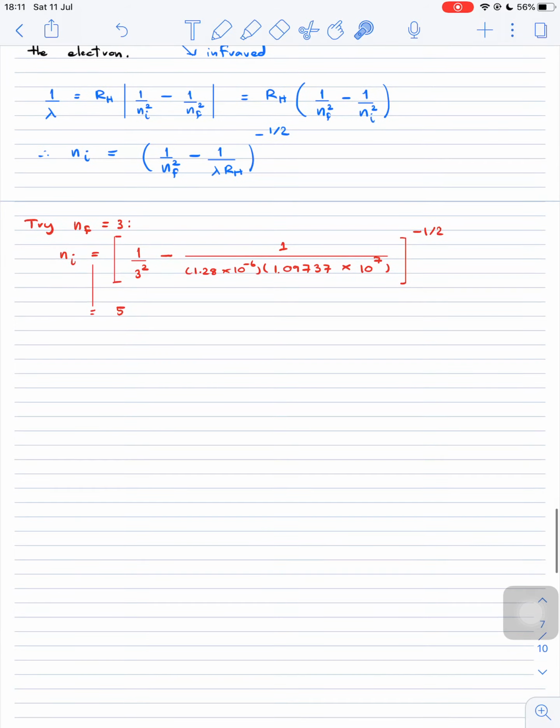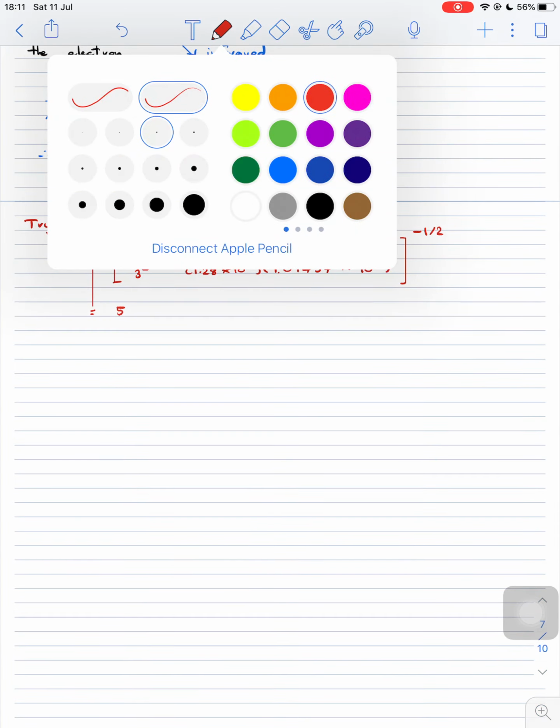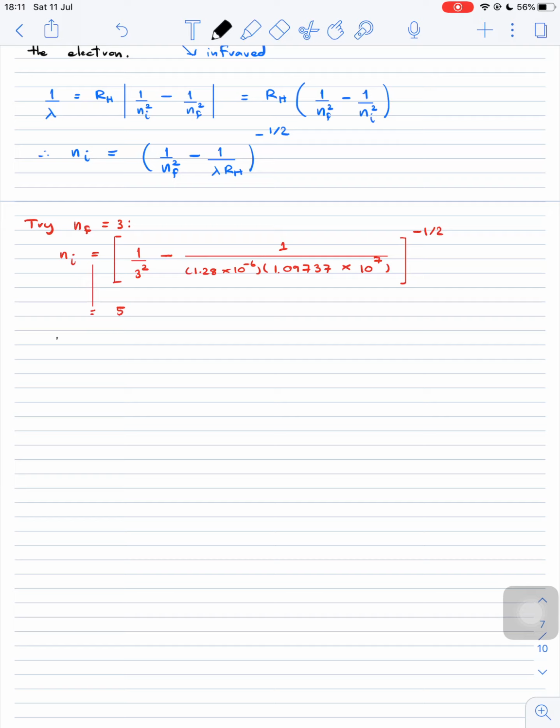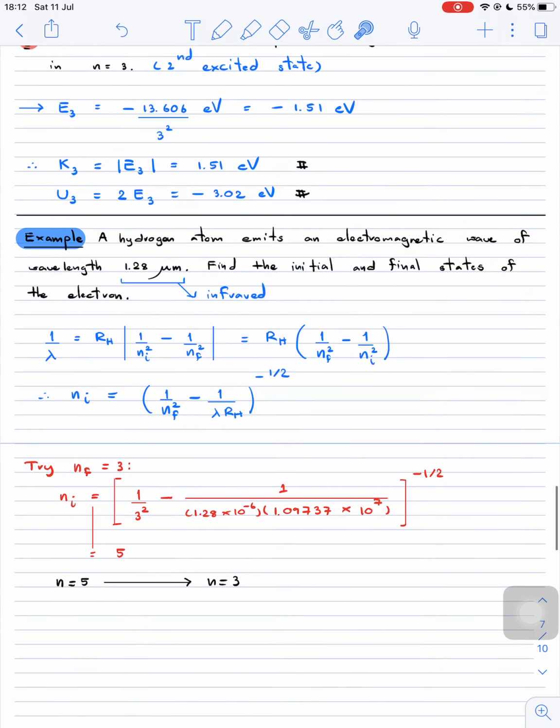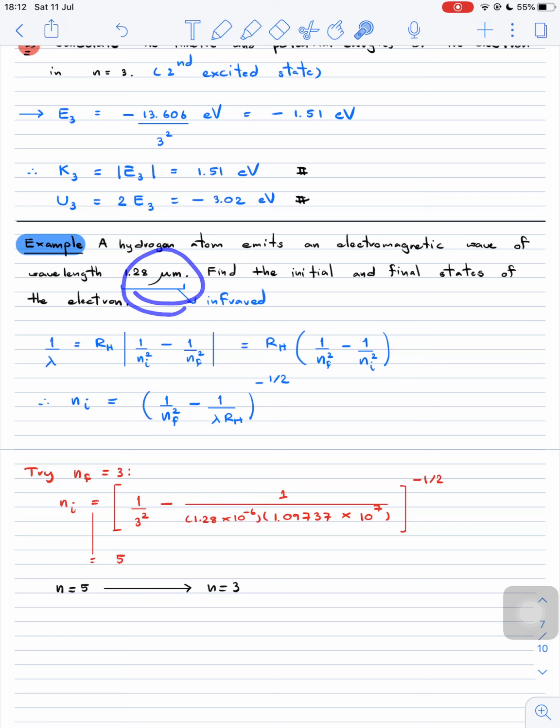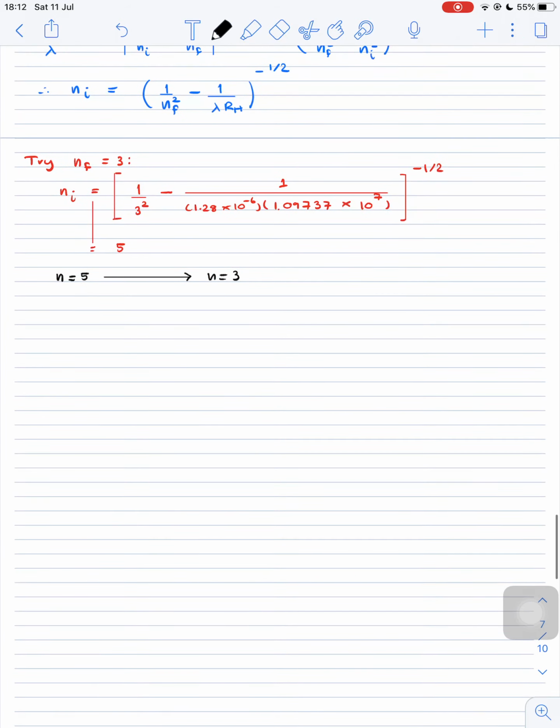So it means that the electron moved from n equal to 5 to n equal to 3 if we give the wavelength equal to this value, so this is going to be the answer.